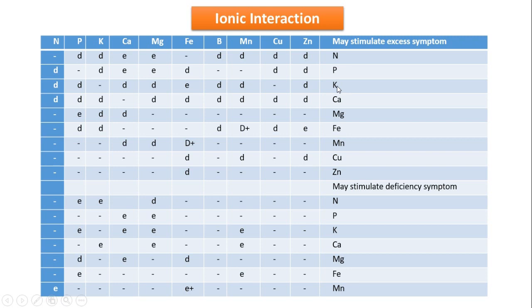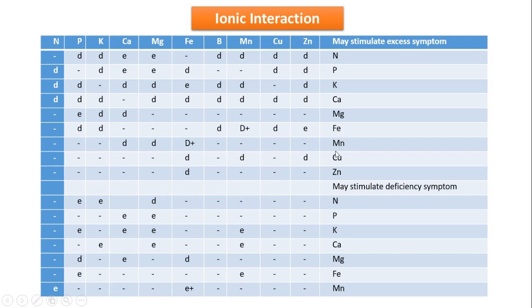In case of potassium, nitrogen will be deficient, phosphorus will be deficient, potassium no interaction, calcium will be deficient, magnesium will be deficient, iron will be excessive, boron will be deficient, manganese deficient, copper no interaction, zinc deficient. In case of calcium, all of these will be deficient, and in case of magnesium, only phosphorus will be excessive, potassium will be deficient, calcium will be deficient, and nitrogen and other elements will have no interaction.